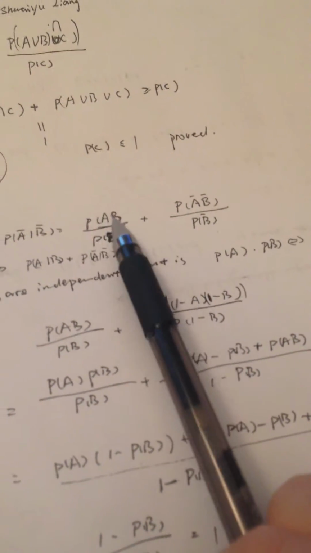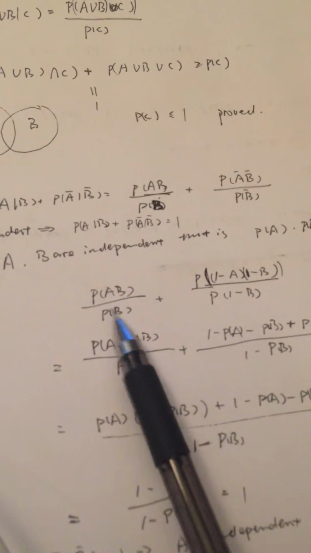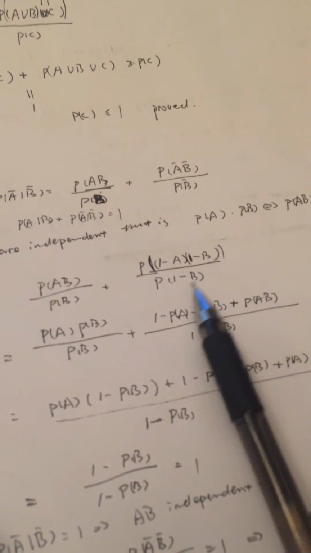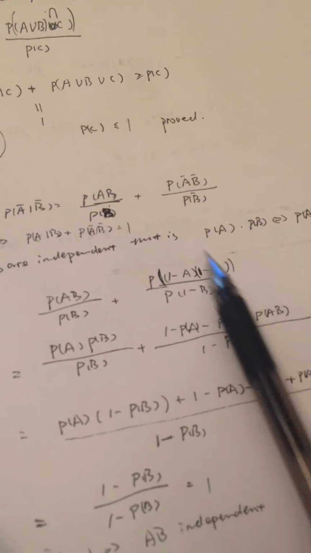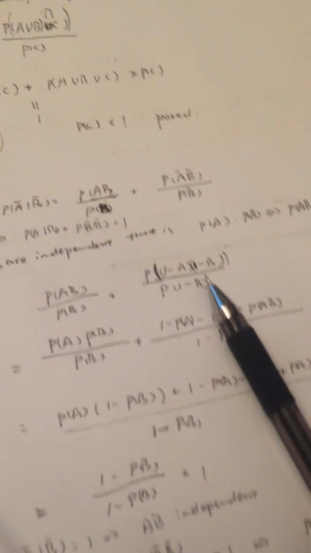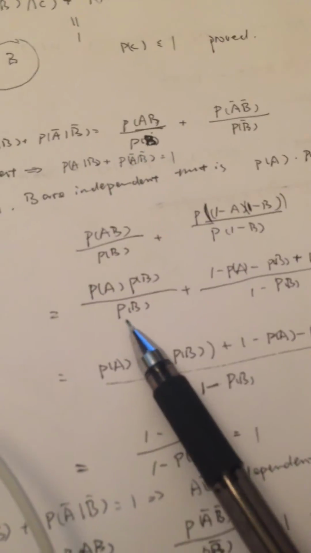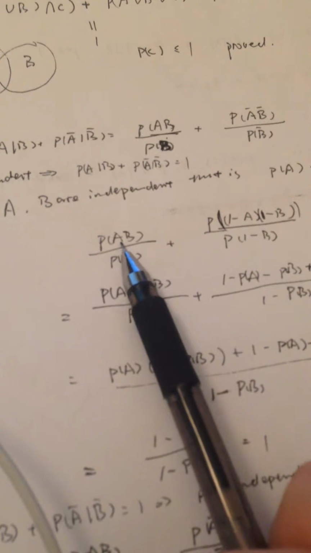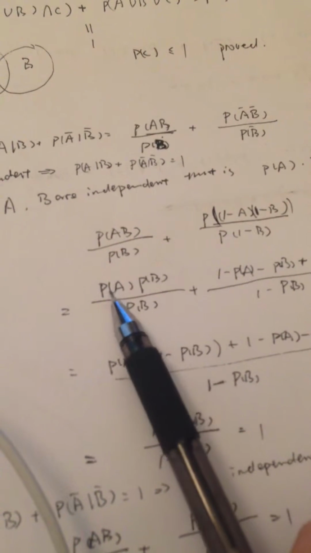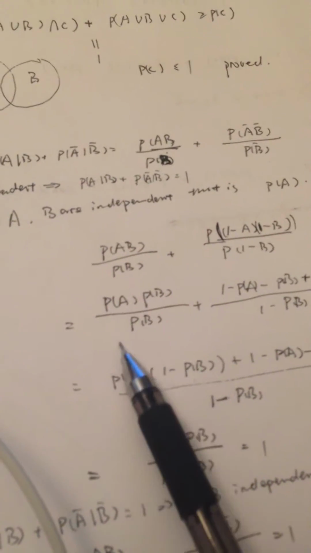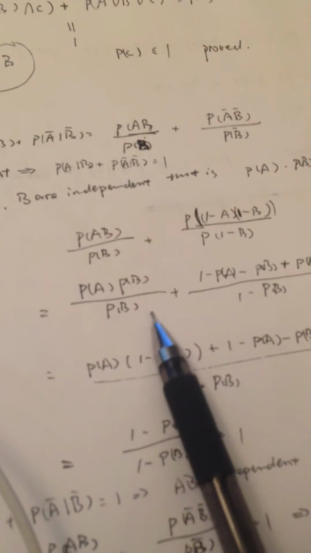If we write not A and not B as 1 minus A and 1 minus B, with the same denominator, then given a condition like this, we could write the probability of A and B as the probability of A times the probability of B, divided by the probability of B.